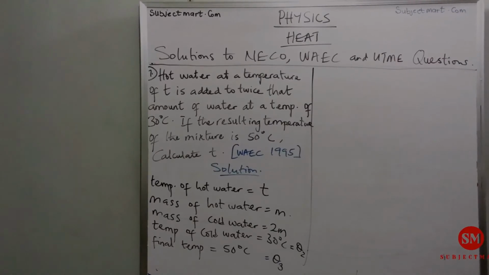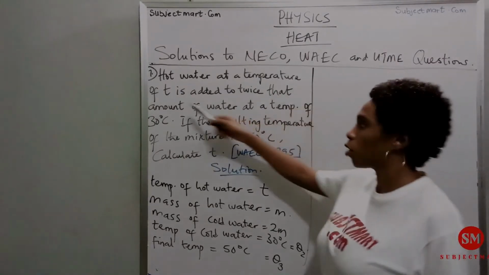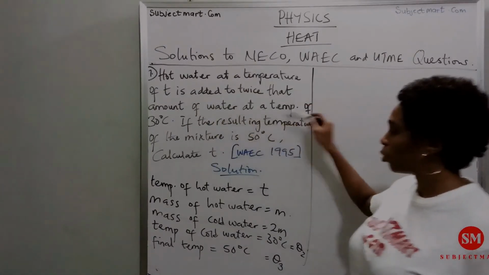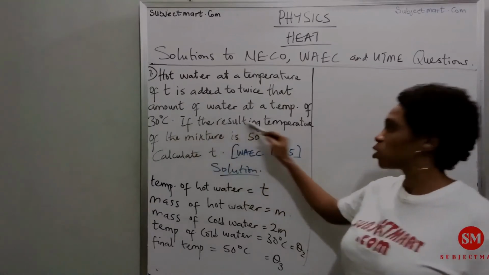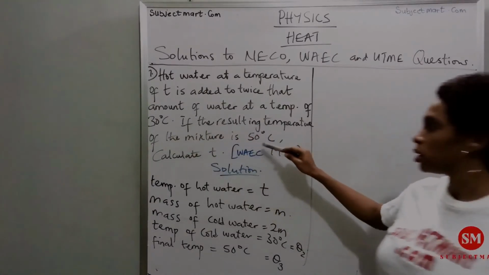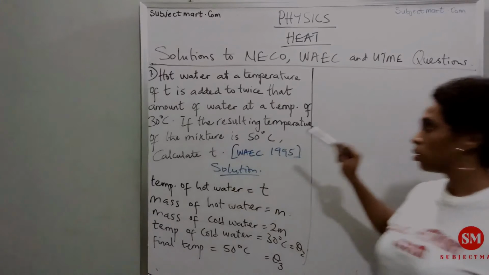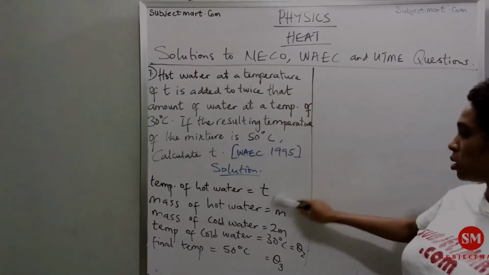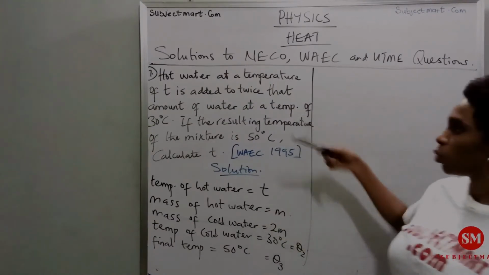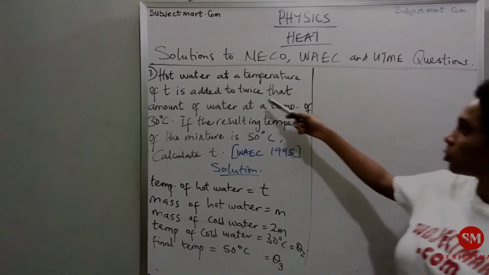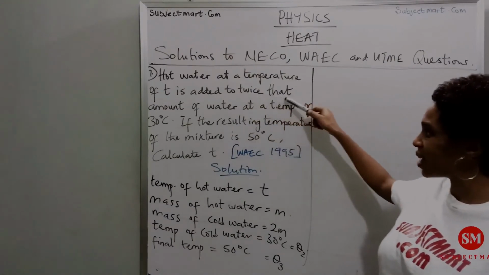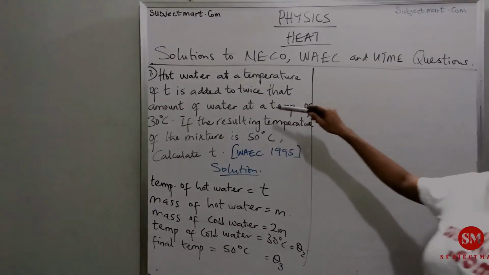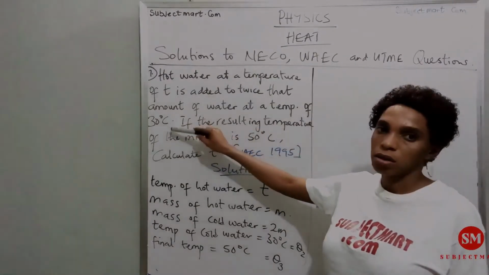Okay, so for this question, they said hot water at a temperature of T is added to twice that amount of water at a temperature of 30 degrees C. If the resulting temperature of the mixture is 50 degrees C, calculate T. So don't forget here they said the temperature of hot water is T, the mass of the water, we assume it is M. So they said it's added to twice that amount of water at a temperature of 30.